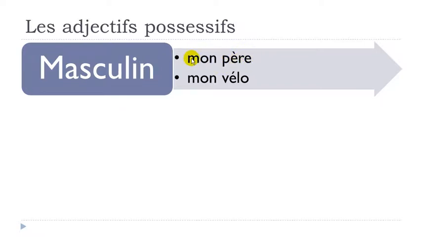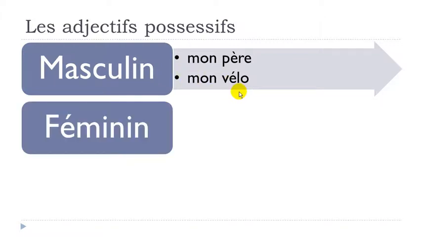So the person who is actually talking about his father or her father doesn't really affect the fact that you use the masculine or the feminine here. You put the masculine because father is masculine. Vélo, bicycle. If you want to say my bicycle, you will say mon vélo, just because vélo is masculine. Un vélo, and then mon vélo.